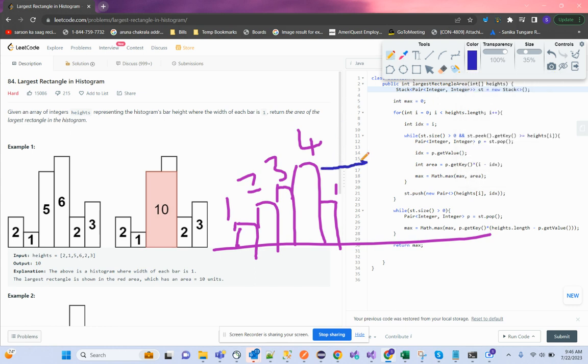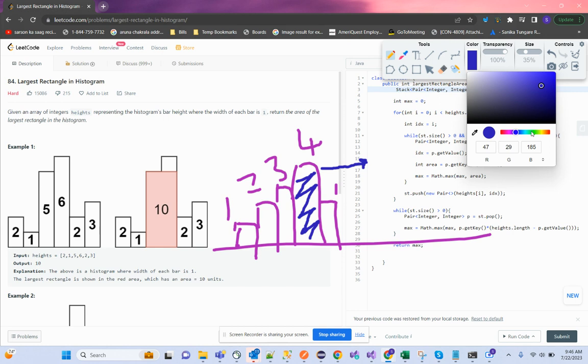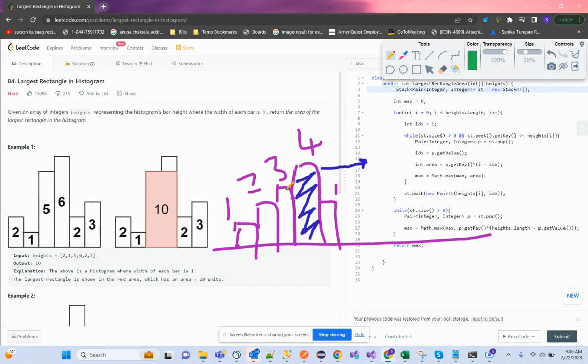Here we cannot extend it ahead, so we have to pop the recent one, whatever it is, and calculate the area. Next, we take the 3. In 3, we can extend it backwards, but we cannot extend further. So the area we are calculating has a width of 2, but we have to pop 3 as well because the next height coming is 1.